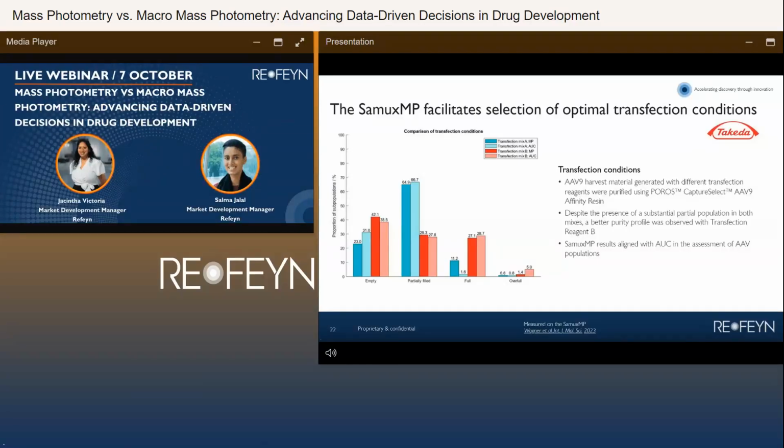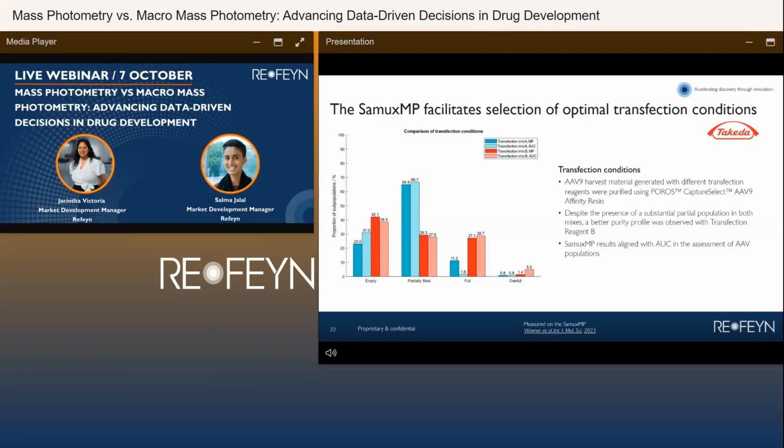But although that is the case, the overall purity profile is better or the best between the two for transfection mix B. That is because if you look at the full population, which is your desired capsids, because it contains your transgene of the intended length encapsulated within it.